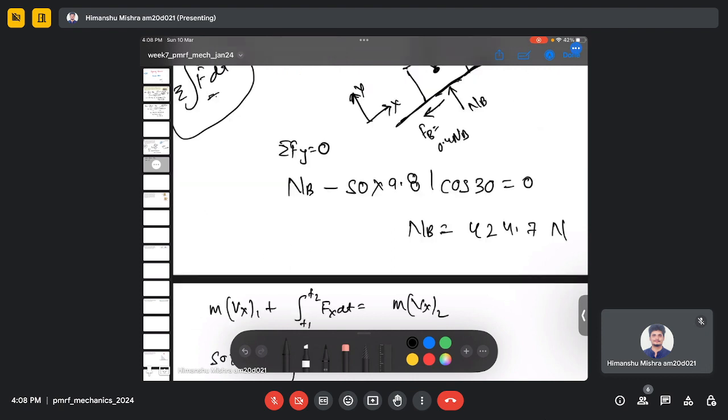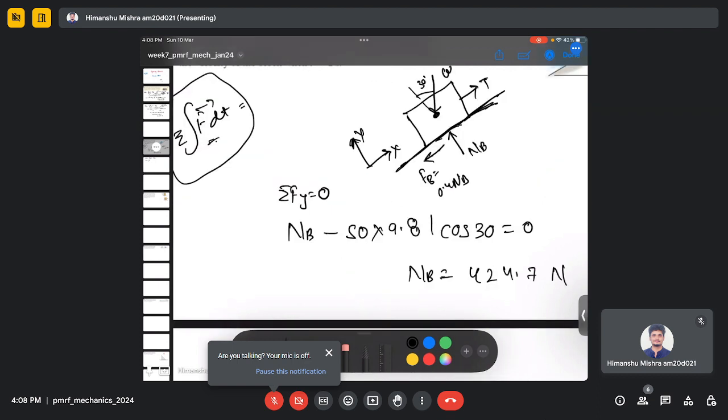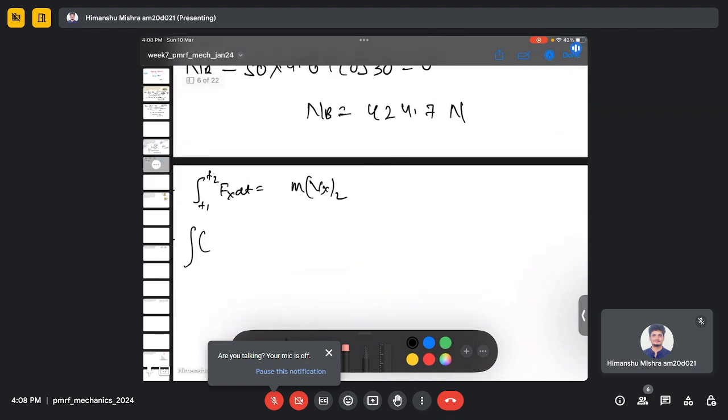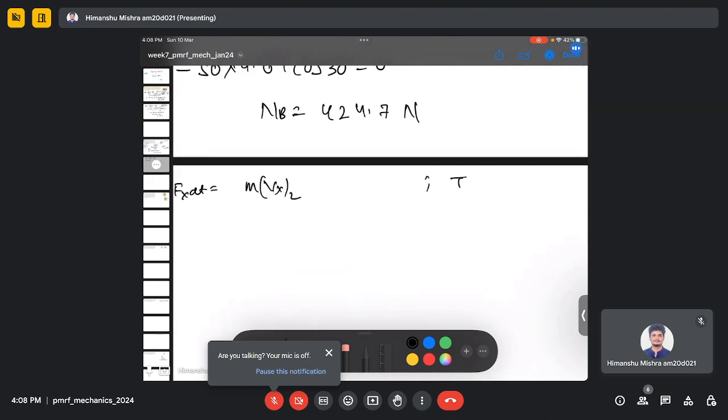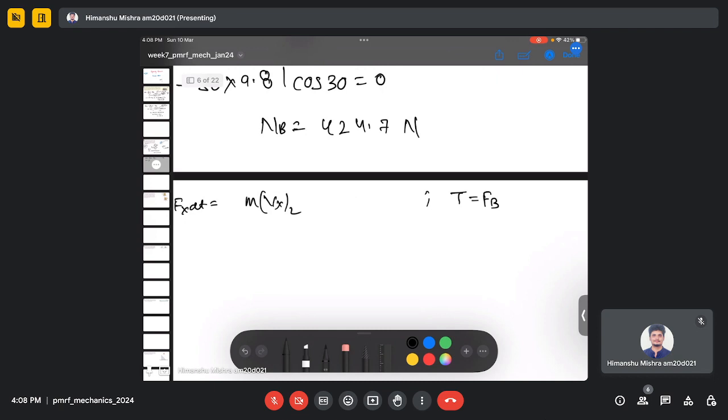The tension is given in terms of time, so we can integrate this expression. So when we do the summation of forces, we will have the tension T minus F_B equal to 0.